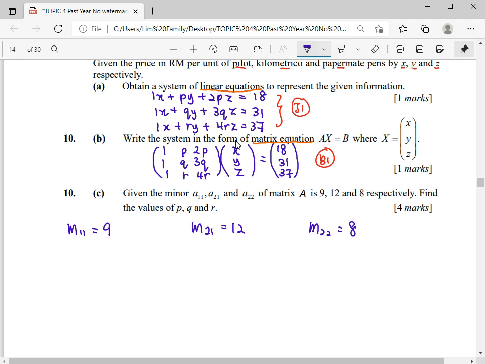For minor 1,1, we eliminate row 1, column 1. Better we write out our matrix here so you can see: 1, P, 2P; 1, Q, 3Q; 1, R, 4R. Minor 1,1 gives the remaining Q, 3Q, R, 4R equals 9.